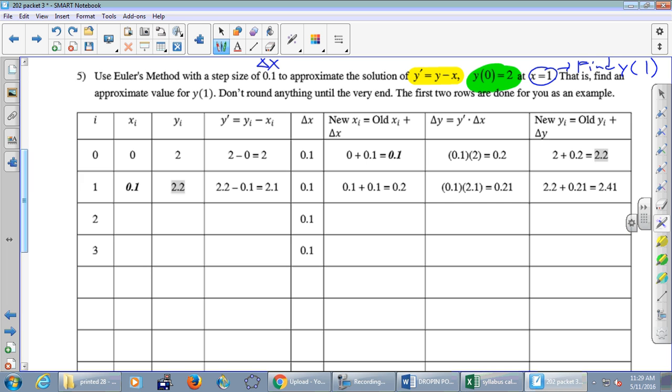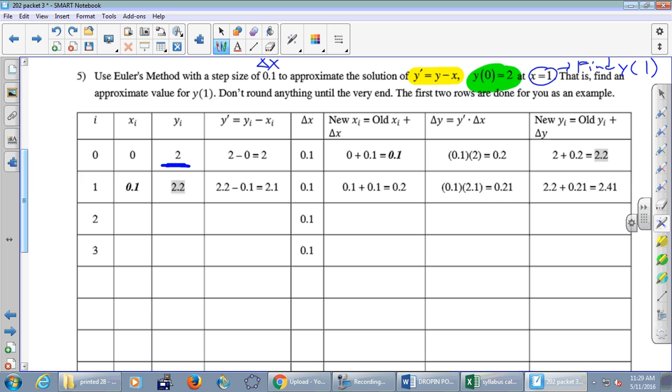And you remember on the previous page, we took the slope of the tangent line and we multiplied it by delta t, in this case delta x. So we're going to multiply this guy by this guy, and we are putting it right here. So 0.1 times the 2 is 0.2. That 0.2 represents the change in the y.